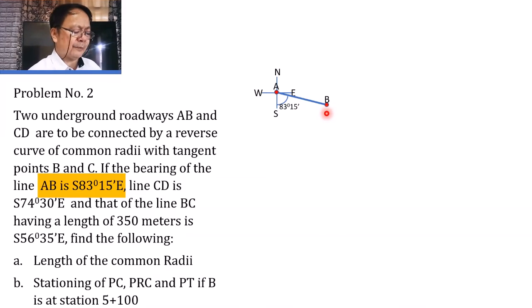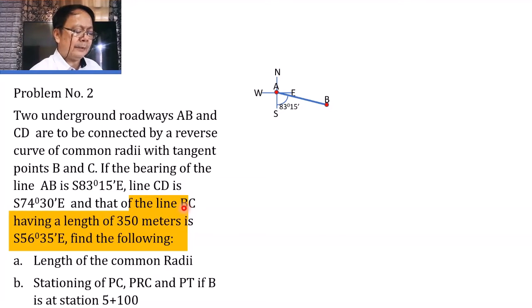The next given in the problem is BC. BC has a length of 350 meters and is directed south 56 degrees 35 minutes east. So from B, we try to identify where C is located.